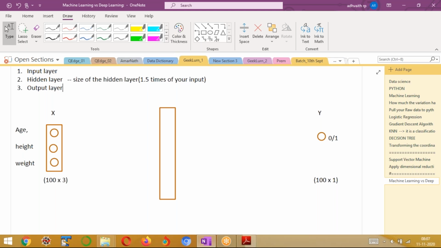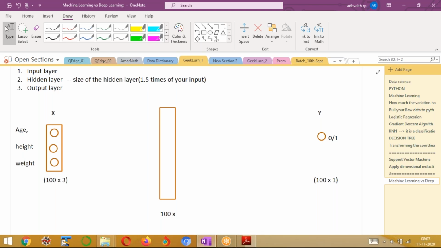Okay, so here I already have 3 columns, so my hidden layer should come out with some number of columns based on that 3. Three is your actual number, so make half of 3, which is 1.5. So 1.5 times: 3 plus 1.5 is 4.5.